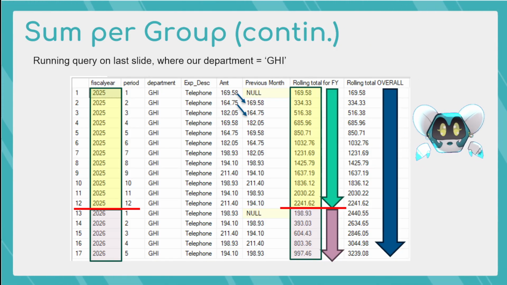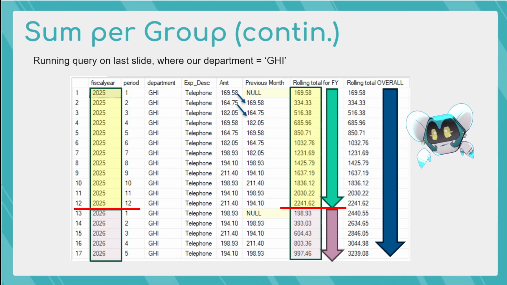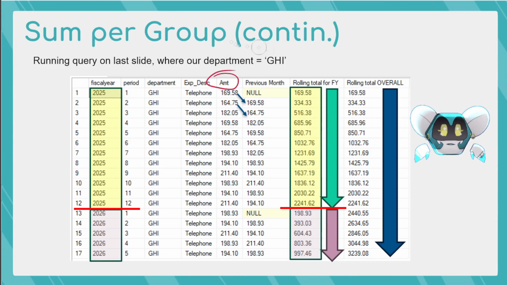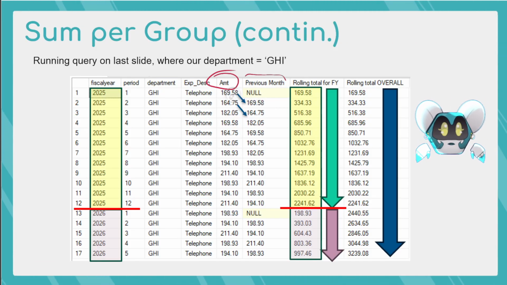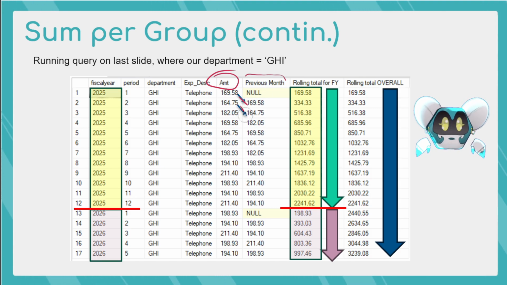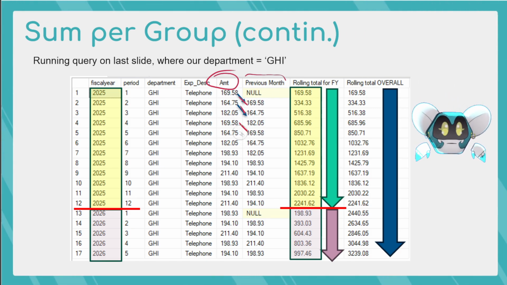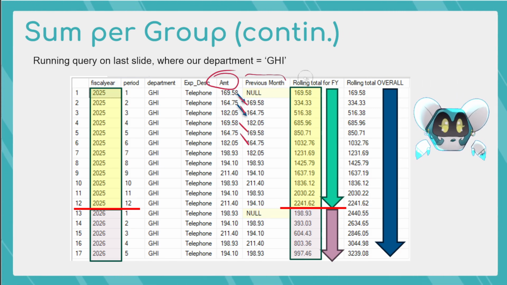We have our grand amounts, utilizing the CTE to help calculate that for us in a cleaner way. Using lag, we can show the previous amount's value. So you can see all of that shifting down one row. We have our rolling sum or rolling total for the fiscal year.